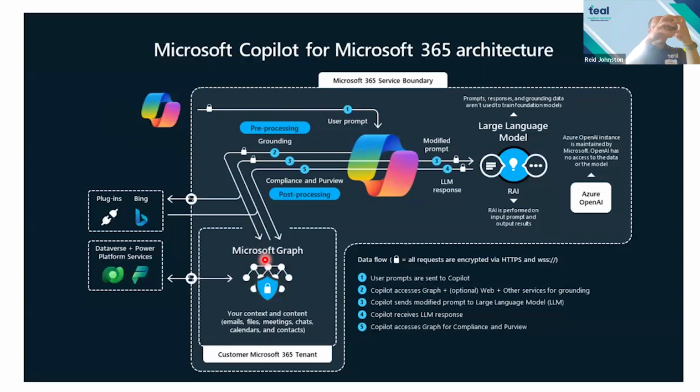It's then taking that expanded request and sending it into the large language model in Azure. Azure is processing it, and then it sends it back to the Microsoft Graph, where that response is compared to what you have access to.